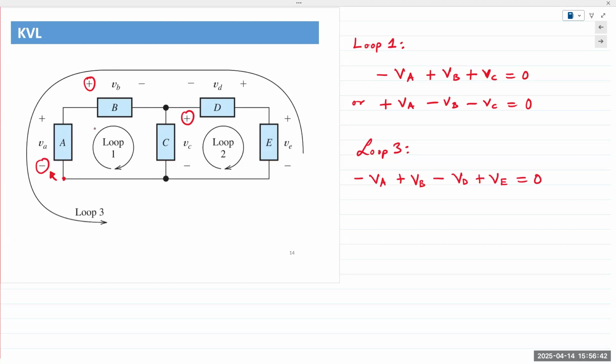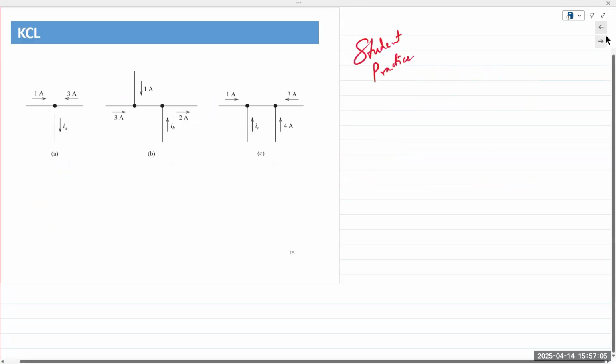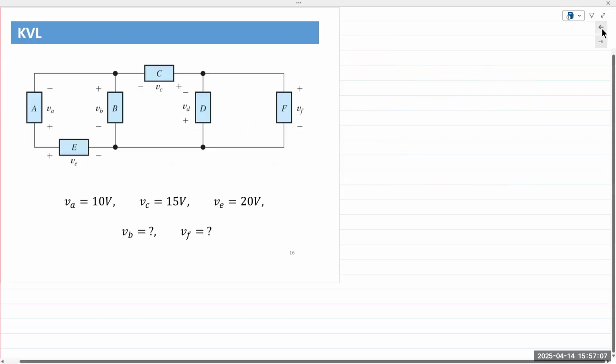Again, I'm starting from the bottom left corner and applying in a clockwise direction. Did that make sense to everyone? Okay. Any questions before we go to the example?